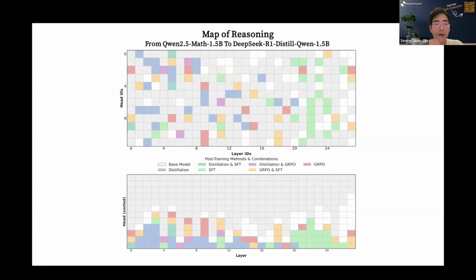A few more questions. So, what is the difference between the base model and the gray cells? In other words, I don't see the legend for the gray cells. Yeah, sure. So, base model is just called white, and here I would like to specify that these heads are not the only heads in these models, and it is the attention heads from each specific circuit.